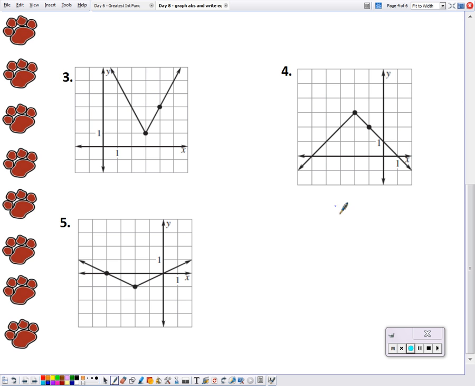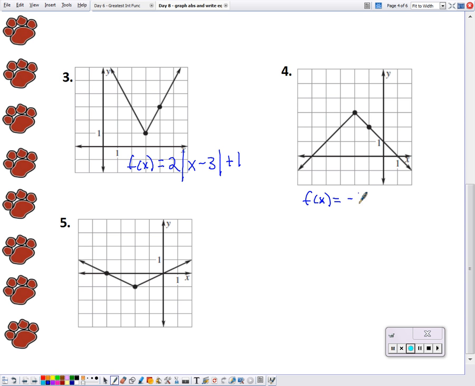Pause the video and write the equations for these three. Okay, for number 3, we have a vertex at 3, 1, so it's going to be f of x equals 2 times the absolute value of x minus 3 plus 1. Number 4 is going to be f of x equals, let's see, goes left 2 and then down 1, right 1.